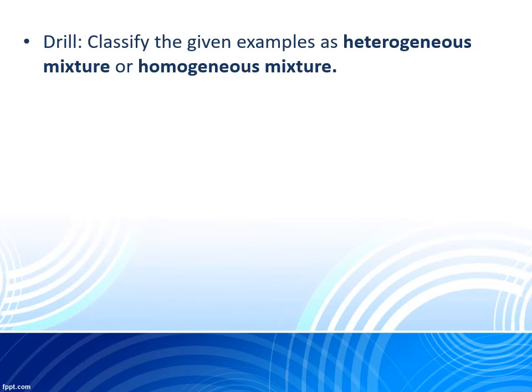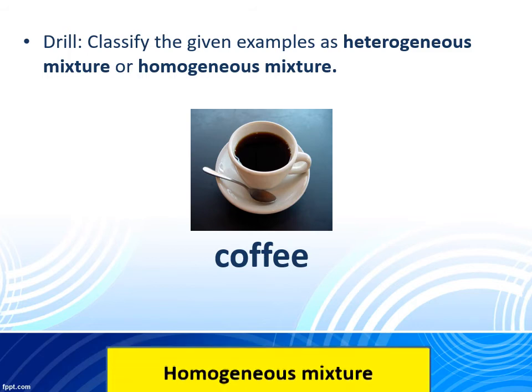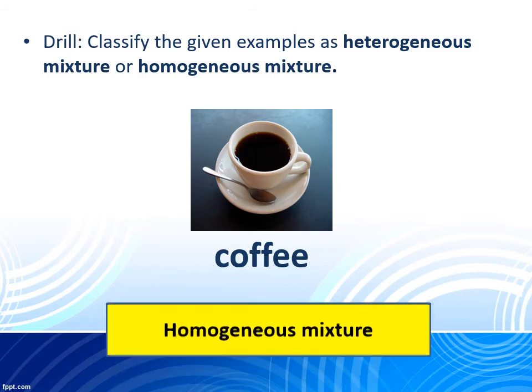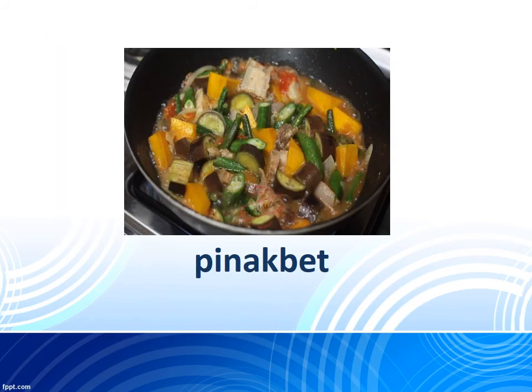Okay, let's now have a drill. You're going to classify the given examples as a heterogeneous mixture or a homogeneous mixture. We have here a cup of coffee. Is it a heterogeneous mixture or a homogeneous mixture? Yes, you're correct. That is a homogeneous mixture. Next, one of your favorite dishes, pinakbet, which is very filled with nutrients.